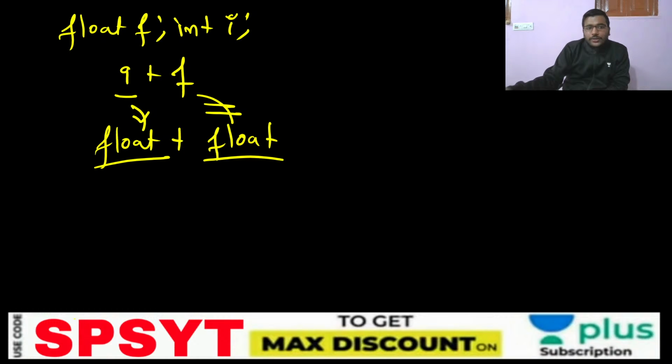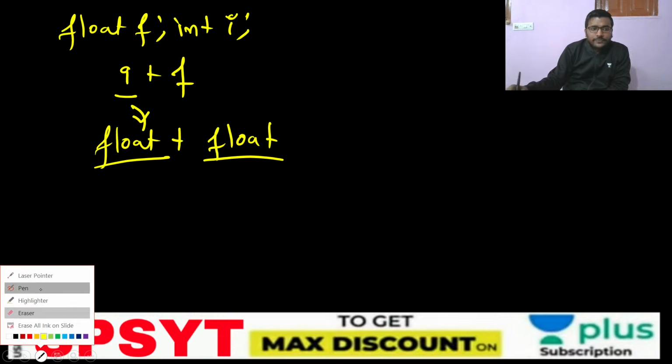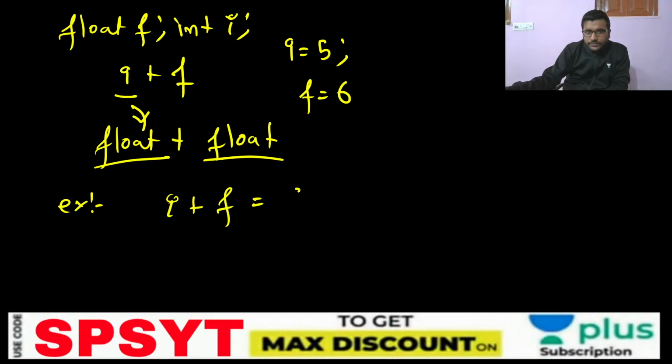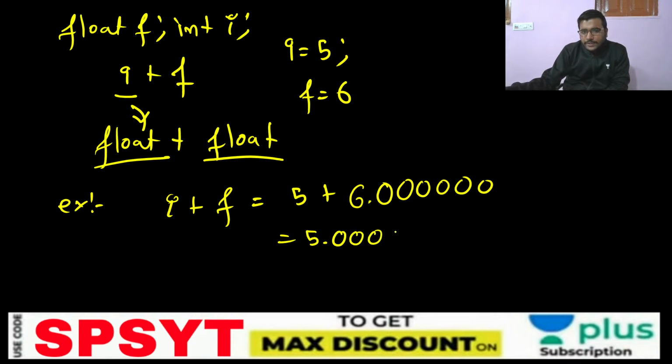If i equals 5 and f equals 6 point something, then i plus f gives 11 point something, so the expression is of float type.